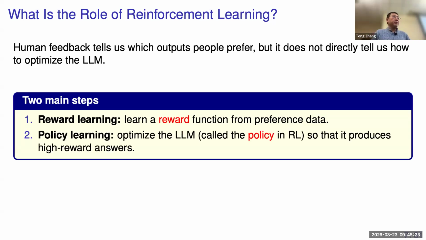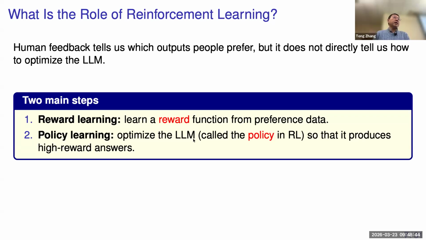Given the reward function, this part is more like policy learning, which will be the next class. Turns out that some of the policy learning methods can skip the first step, but we will have more comments about that next time. Essentially, policy learning means you optimize the LLM.